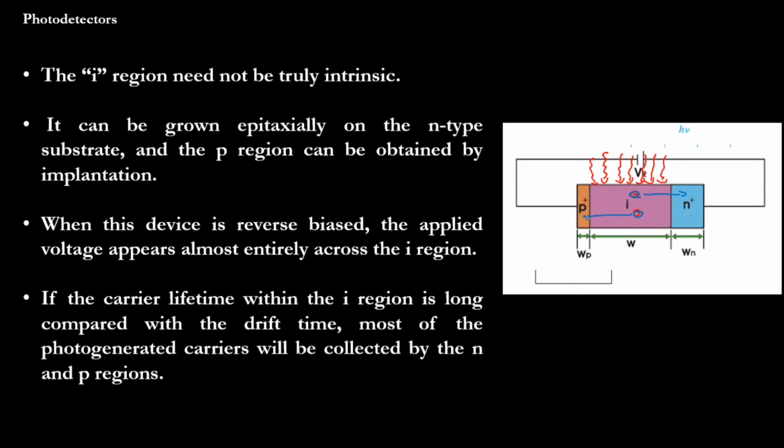But we heard about tau P and tau N, the lifetimes of the charge carriers. Since the width is very large, the lifetime of the carrier should be greater than the drift time of the charge carriers. What does it mean?